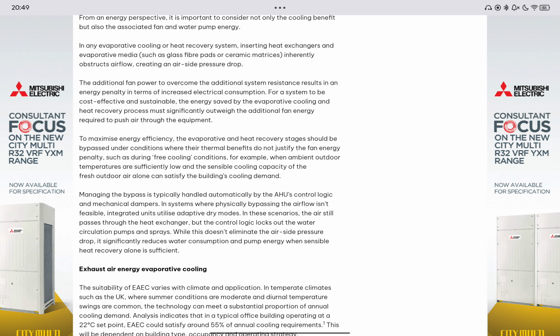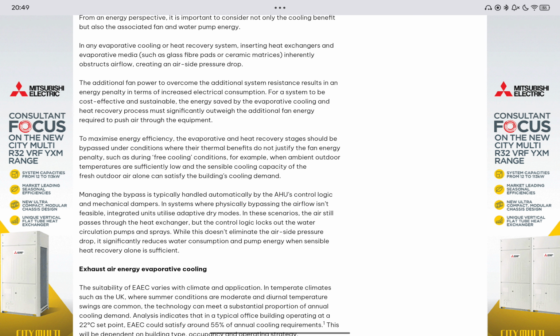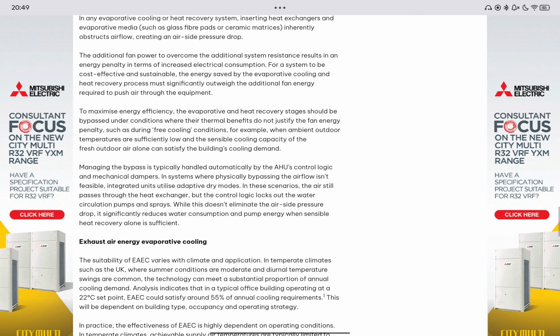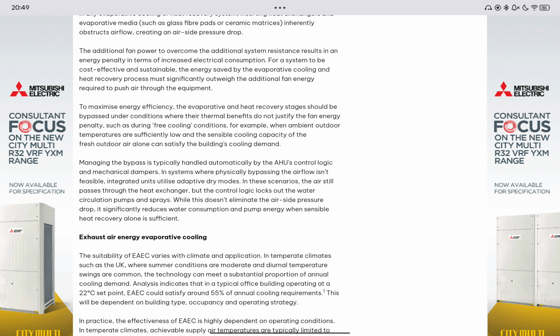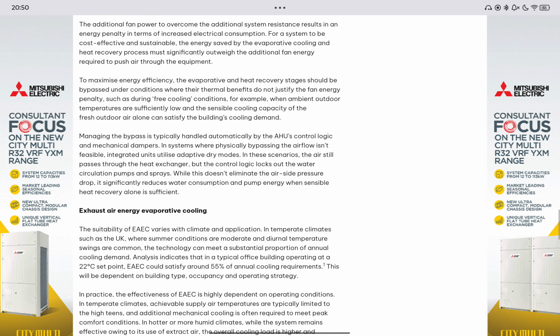The additional fan power to overcome the additional system resistance results in an energy penalty in terms of increased electrical consumption. For a system to be cost-effective and sustainable, the energy saved by the evaporative cooling and heat recovery process must significantly outweigh the additional fan energy required to push air through the equipment.